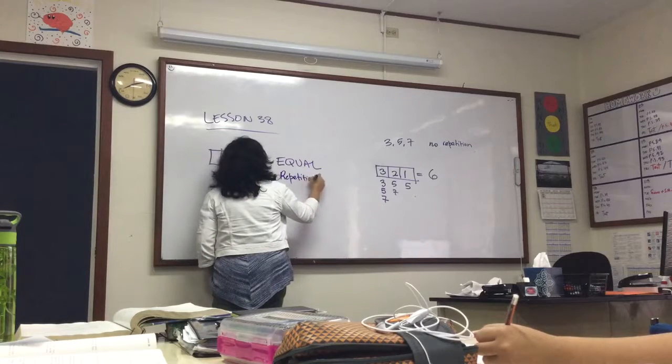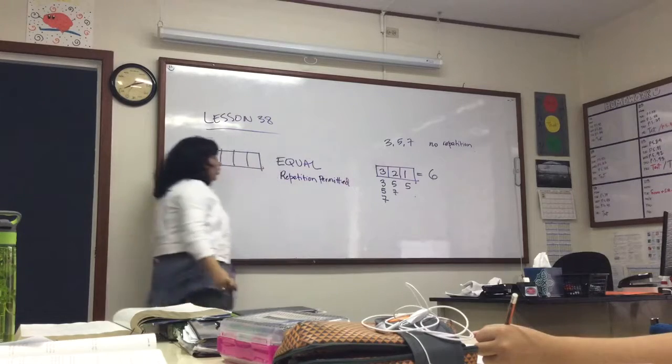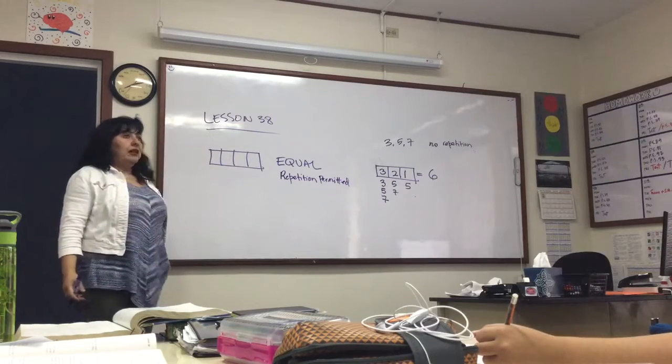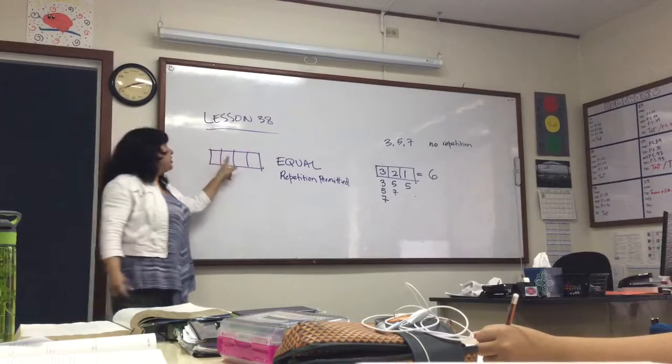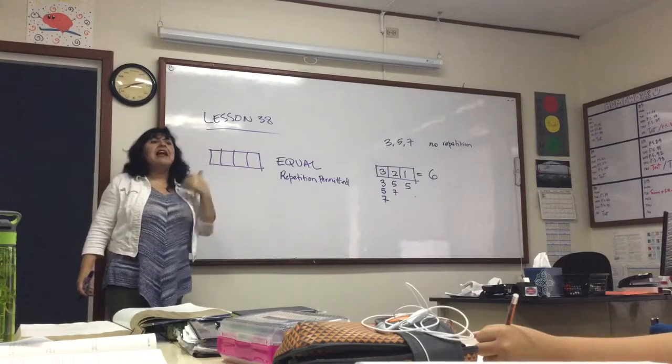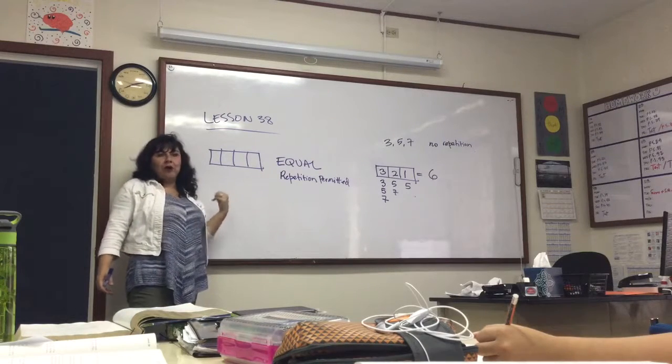So what's the first thing you look at? The repetition. You have 5 letters. That means you have how many choices for each of these? 5. If repetition is permitted, it doesn't matter if you already chose one before.